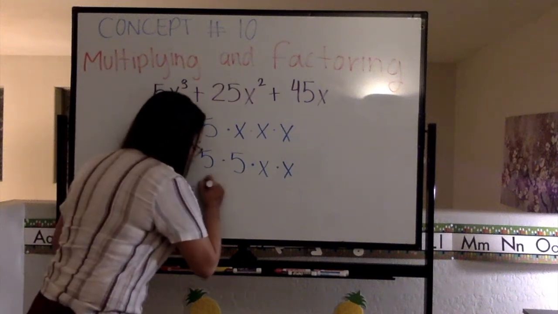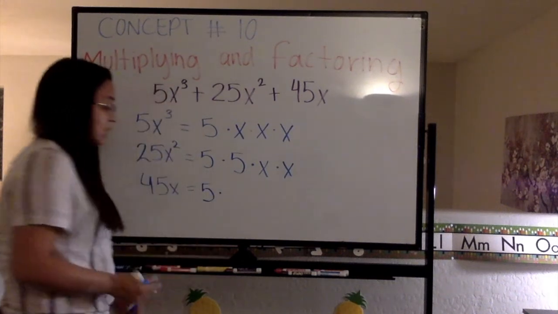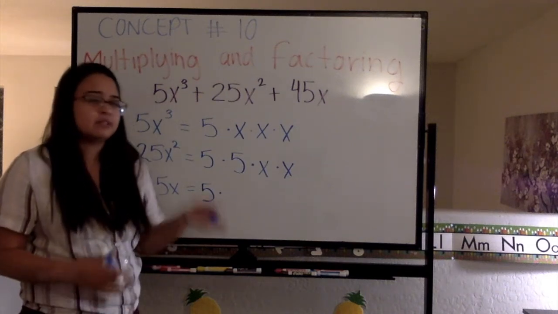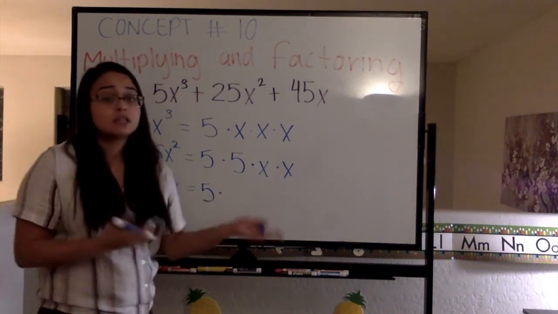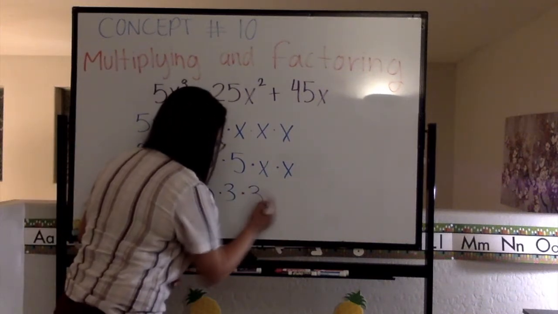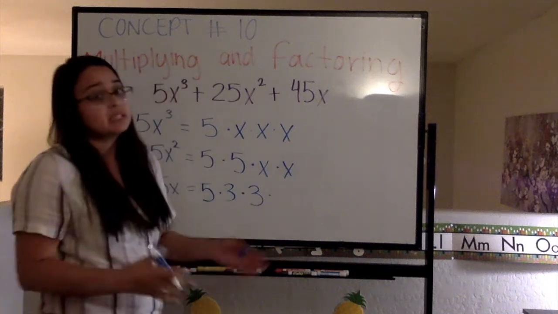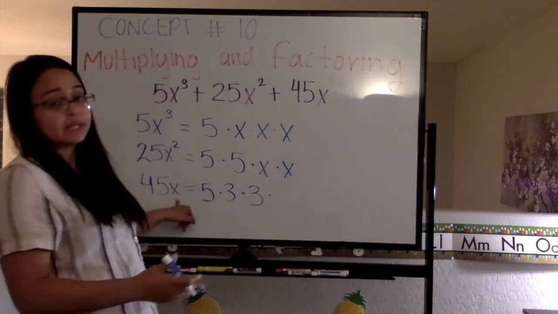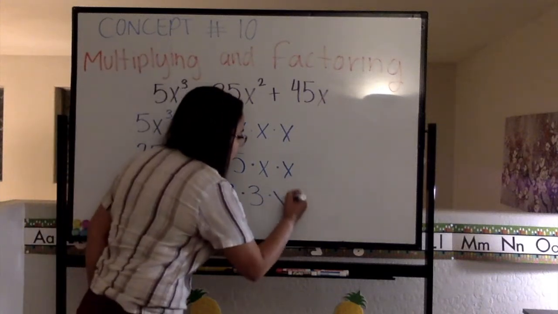So, we know we have a 5, and we know we have a 9. But can the 9 be factored down even lower? Yes. It can be 3 times 3. And well, 3 would be as low as we can go. And we only have one x, so that's the only one we're going to put in there.